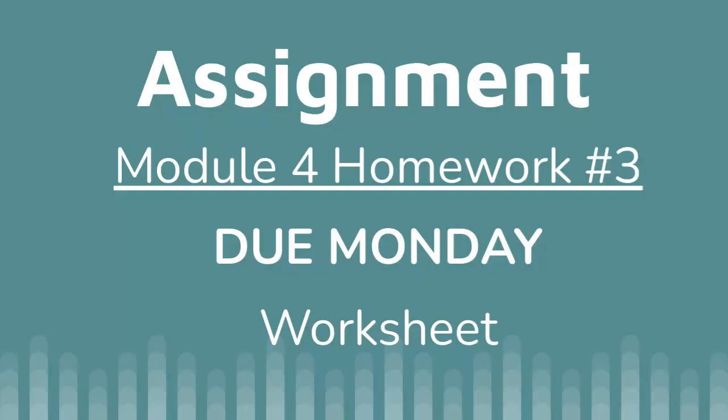If you need another copy, it's the very bottom paper right here. Monday will also be the day of your second skills check in this module. So first we will grade your homework, and then we will take your skills check. You will get the review for the test, and the test is on Wednesday next week, the day before the PSAT.